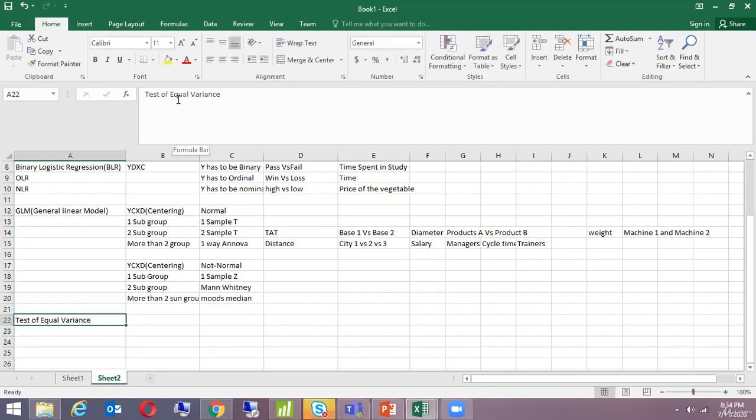The condition remains the same. Y continuous, X discrete. There's only one test, but there are two different things that we go for, normal and not normal.